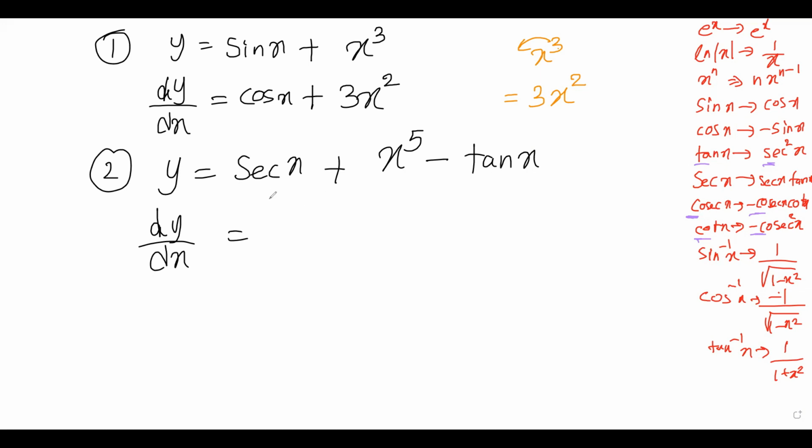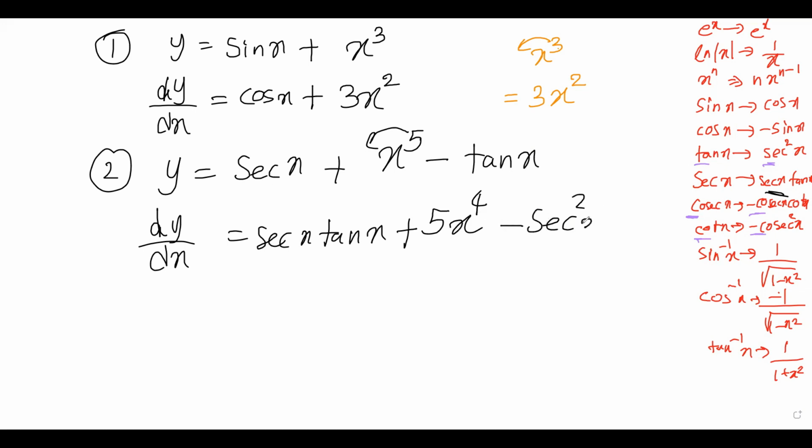What is the differentiation of sec x? It should be sec x tan x. Here, if they are having powers like this, you can take the 5 to the front, 5x to the power 4, minus tan x. What should be there? Sec squared x. You can write it like this.